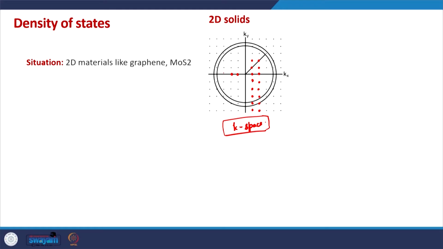There are two other points that we need to keep in mind. One is that we did not consider the spin degree of freedom of electrons.